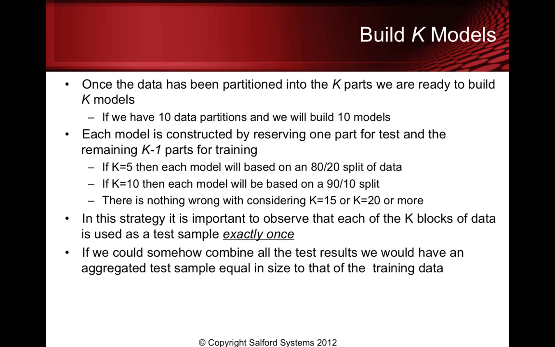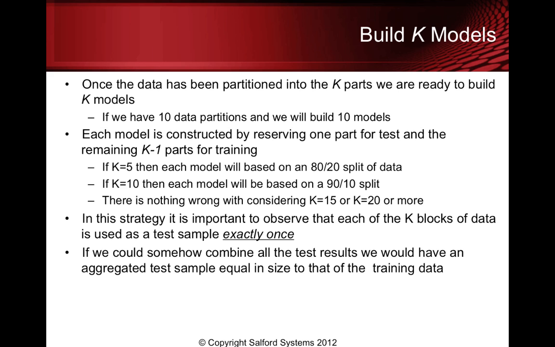If k equals 5, then each model will be based on an 80-20 split of the data. If k equals 10, then each model will be built based on approximately a 90-10 split. Don't forget that when you do cross-validation, these numbers don't turn out to be exactly equal, because in order to get the target variable distribution right, you might have to make the bins a little bit uneven.